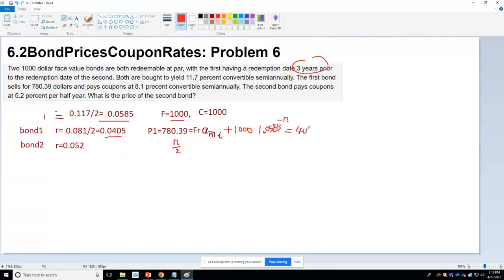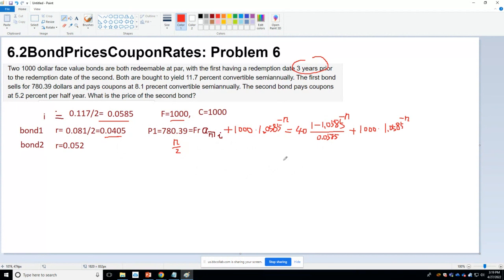So 40.5 is the coupon, and a_n at i goes 1 minus 1.0585 to the power negative n over i, which is 0.0585, plus 1,000 times 1.0585 to the power of negative n.